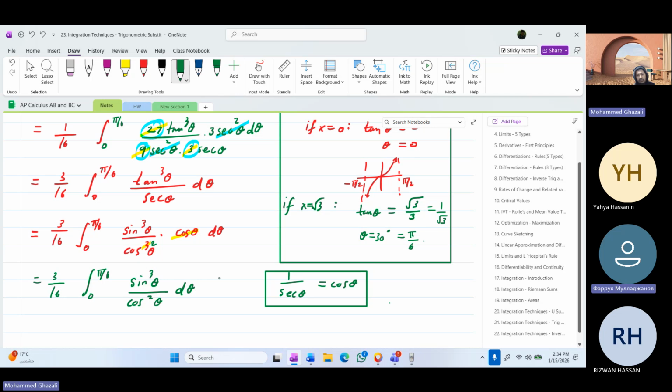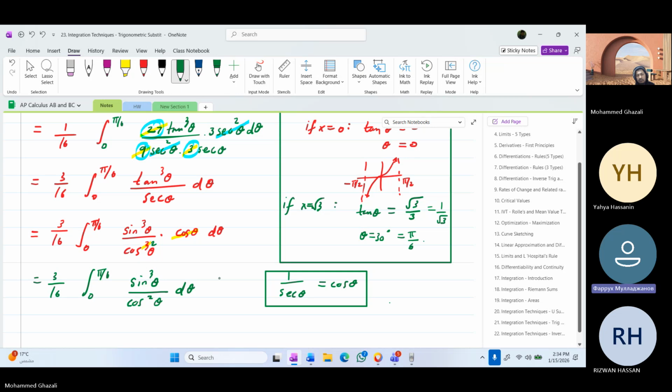How should we continue? Yeah, we have to think about what we have to do here now. Sine cubed. We can take out the sine and make it sine squared over cosine squared. It will be tangent squared like this.